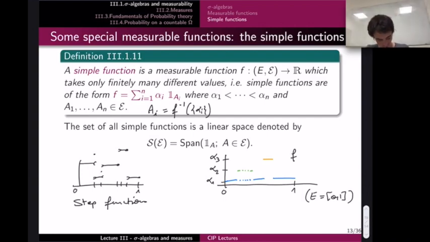Because on the left-hand side, you have only a finite number of subsegments of [0, 1], but here you can have many, actually I cannot count them, perhaps, for complicated functions. And what you see also, which is interesting, is that the set of simple functions contains the set of step functions.